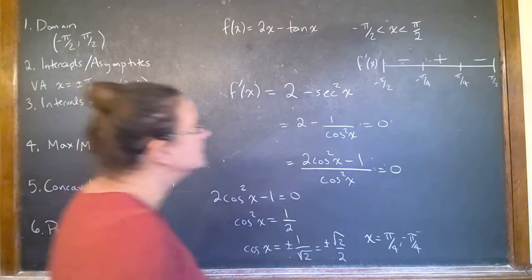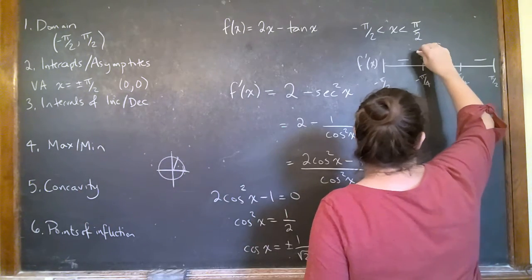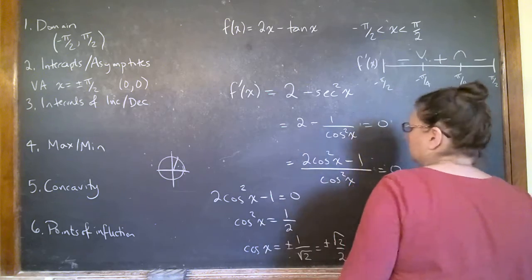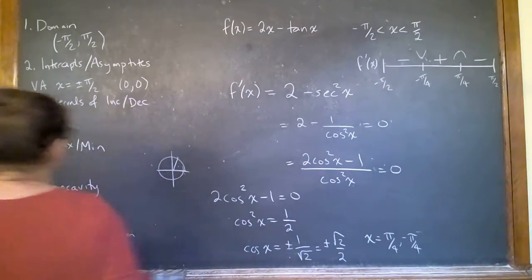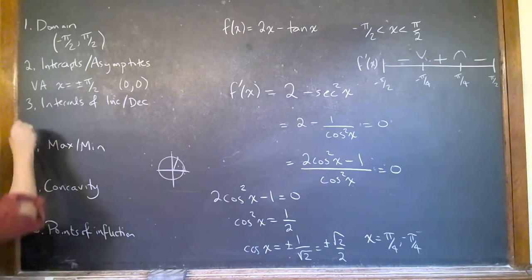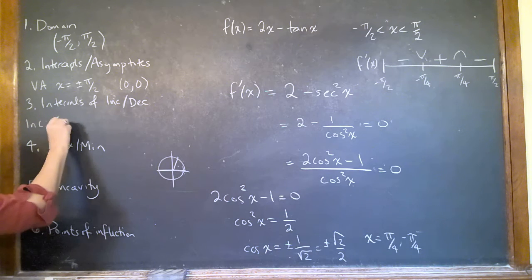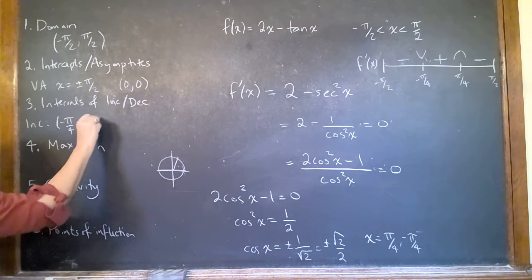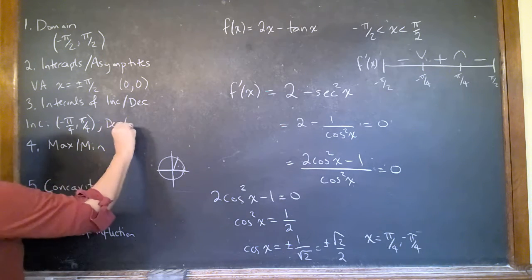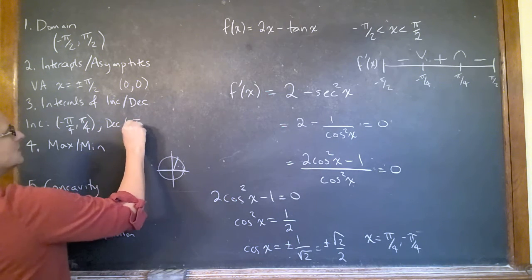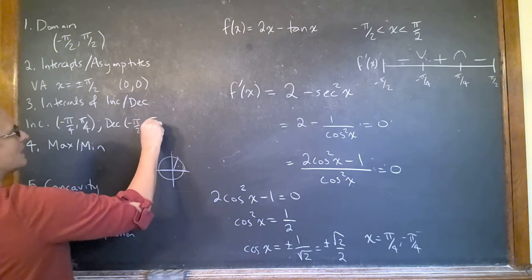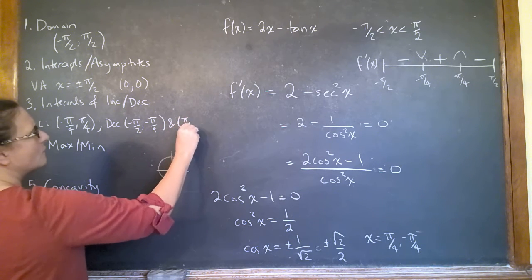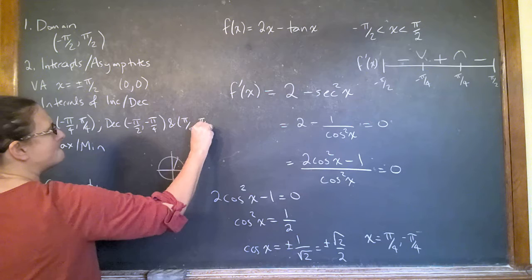So I can see this looks like I've got a minimum there and a maximum there. So my intervals of increase and decrease: I'm increasing between minus pi over 4 and pi over 4, and decreasing from minus pi over 2 to minus pi over 4, and pi over 4 to pi over 2.